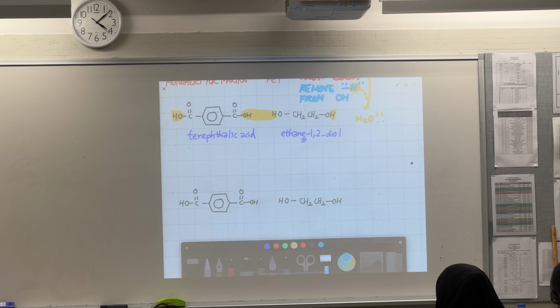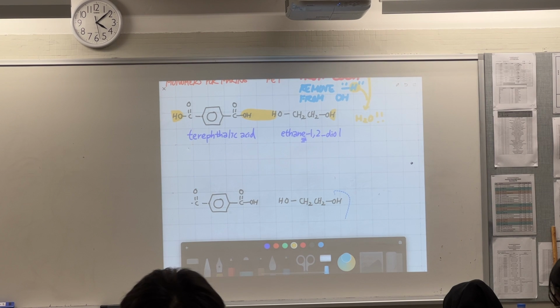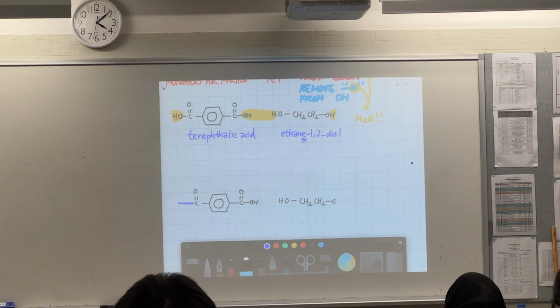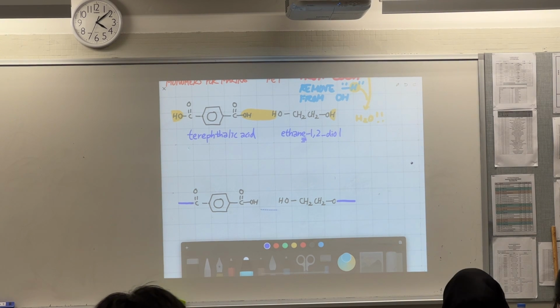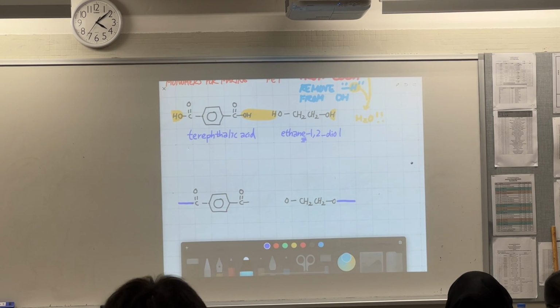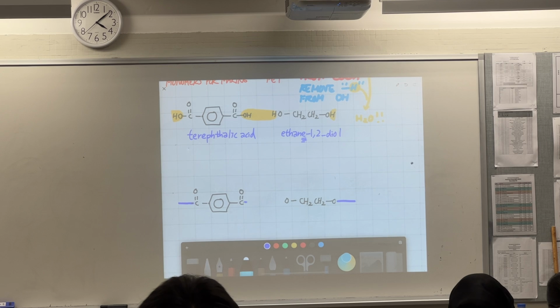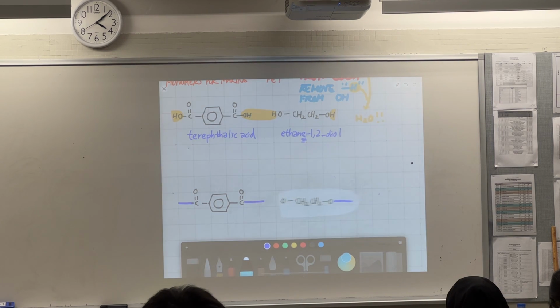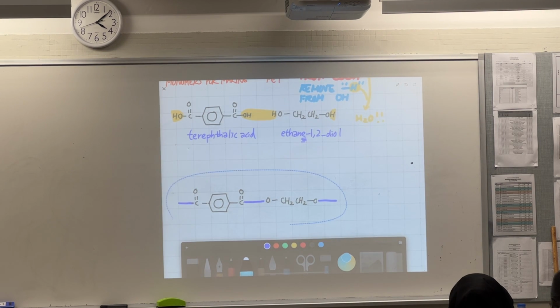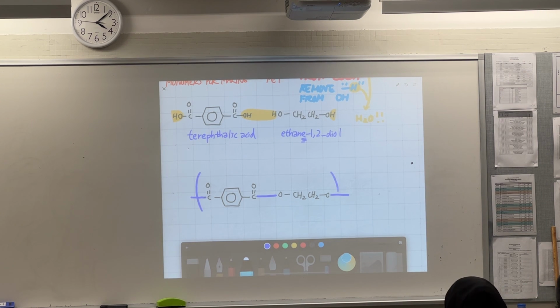Okay, let's check the answer. We will remove the OH from this group, and then we have the H2O come out. So we replace it with a bond. So this is the repeating unit of PET.